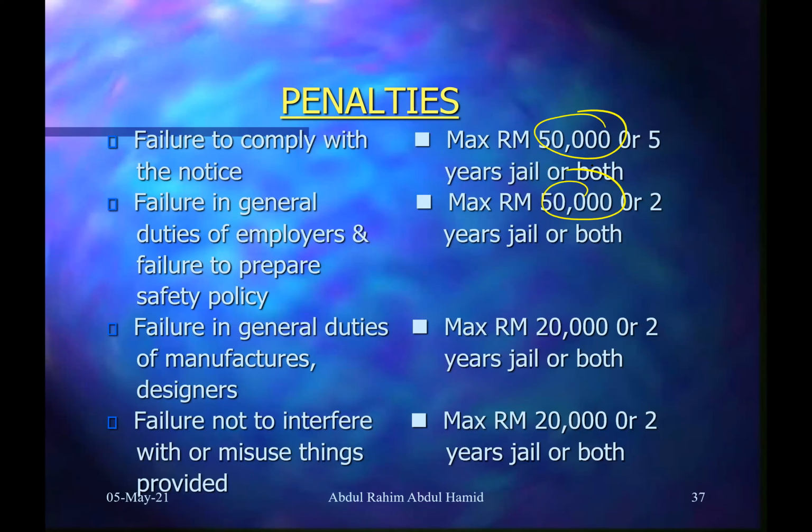Failure to comply with the notice, 50,000, normally applies to the employer. The employer is the one that will get the most fine, whereas as an employee, you yourself can be fined for interfering or misusing things. As the manufacturer, you can be fined up to 20,000 or 2 years jail.